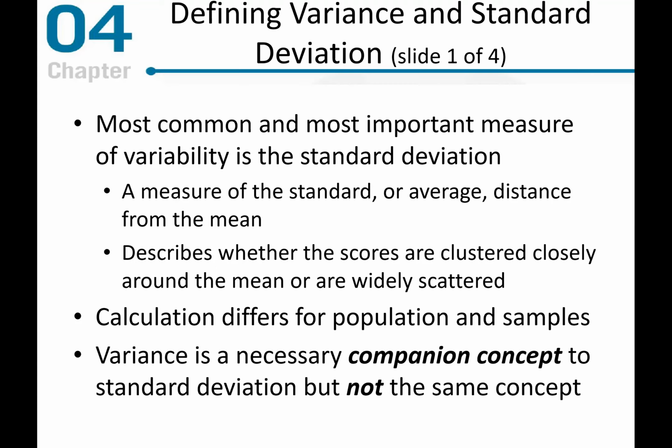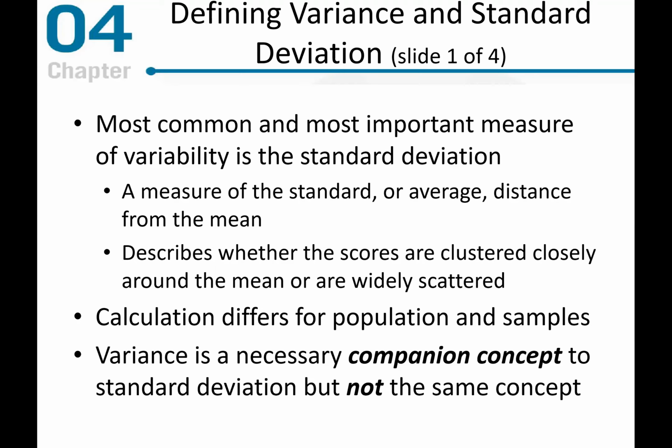So how are we going to define the variance and the standard deviation? The most common measure, at least in statistics, and the most important measure of variability is going to be the standard deviation. The standard deviation is a measure of the standard, or average, distance from the mean.